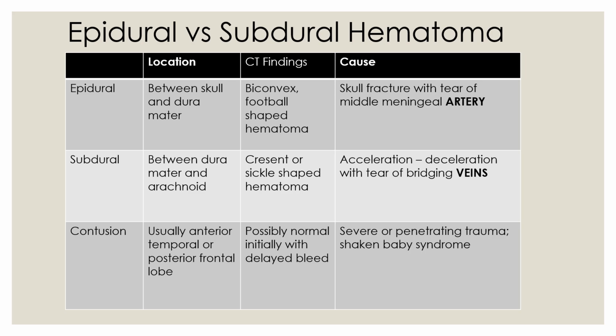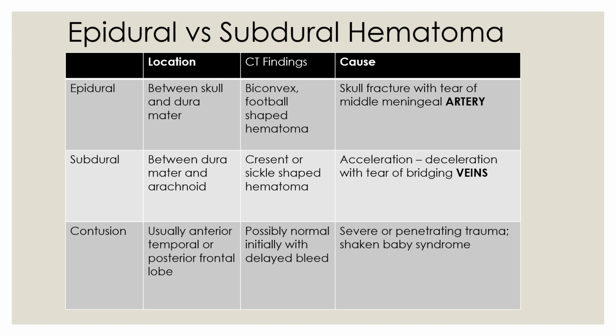In this next chart, we are showing some of the differences between epidural and subdural lesions, along with brain contusions, which I don't have a separate slide for. Epidurals are between the skull and the dura. They tend to be biconvex, football shaped. They often occur with a skull fracture, and they are arterial bleeds.